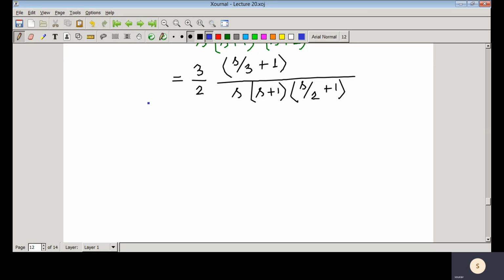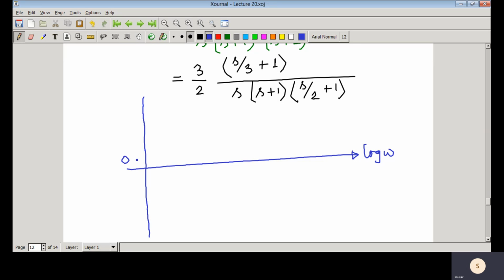So here first we draw that magnitude plot. So this is that log of that omega, and so this is that point 0.1, then you have that 1, 10, 100.